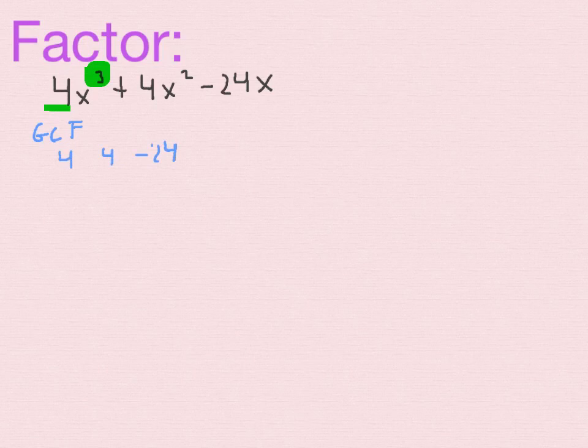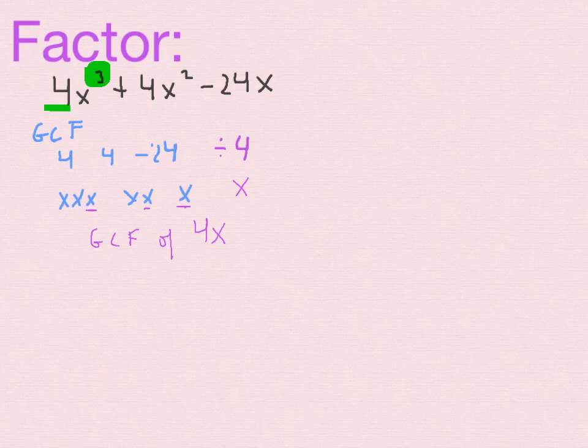Is there a number that will go into all 3 of those? Yes. All 3 of these are divisible by 4. Then I have the x cubed, the x squared, and the x. Is there something that they have in common? Well, they all have at least one x. So we have a GCF of 4x.